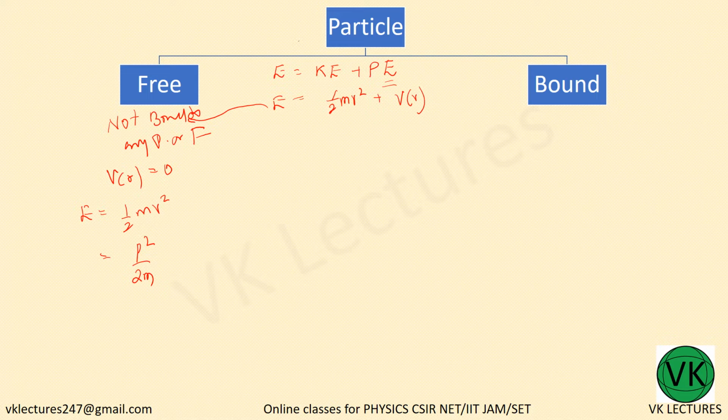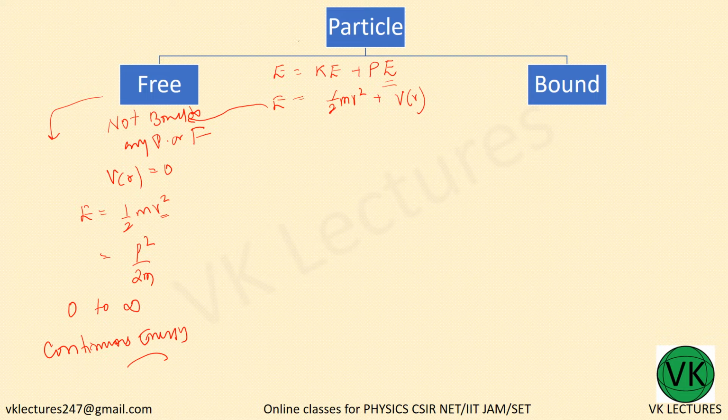And here v can have any value, starting from 0 to infinity. That means for a free particle you have continuous energies. Why?